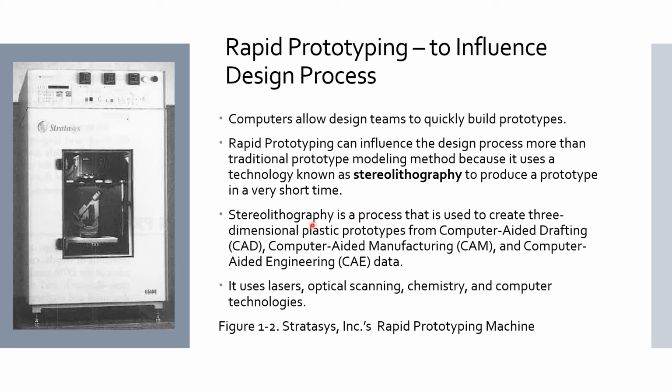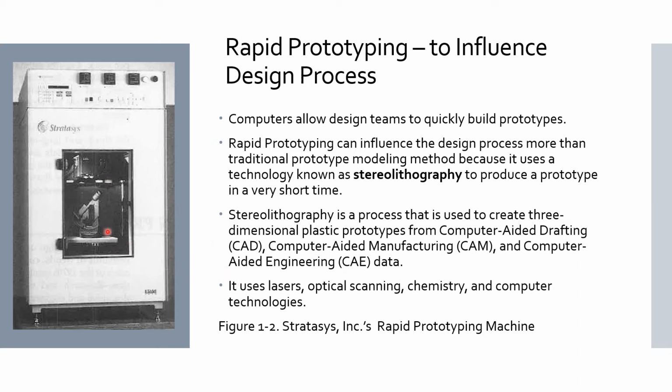it's stereolithography. We use it to produce a prototype, and we can build the prototype very quickly by using this method. So in stereolithography, this process uses lasers. So here is a rapid prototyping machine, an example, right?